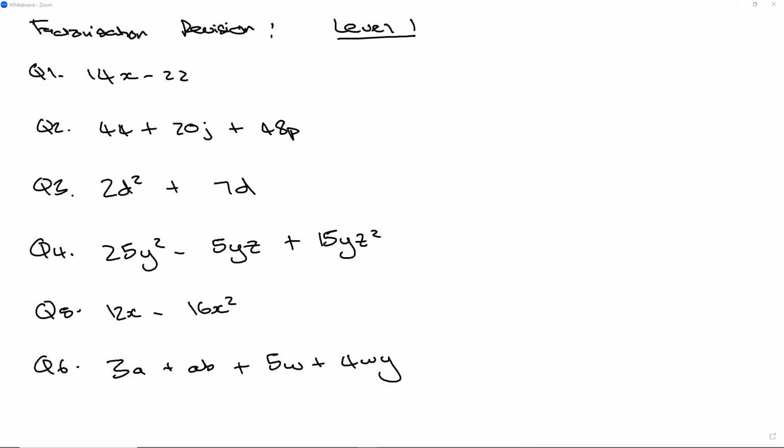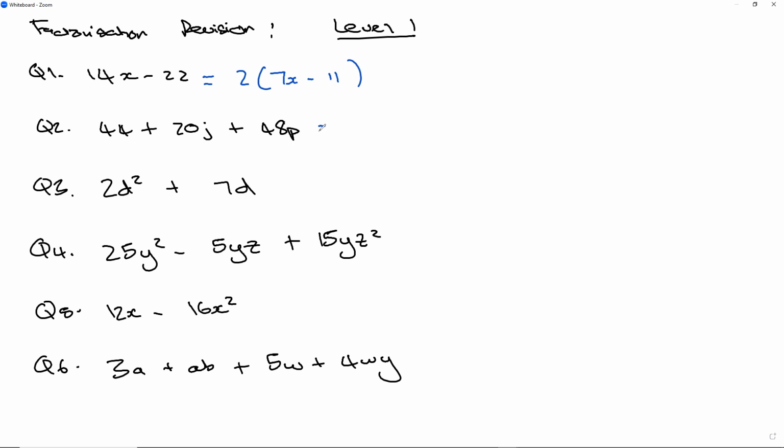Okay, I'm going to give it a go now, and then we're going to move on to some more difficult stuff as well. In this first part, I can take out a common factor of 2. If I take out 2, I'm left with 7x minus 11.